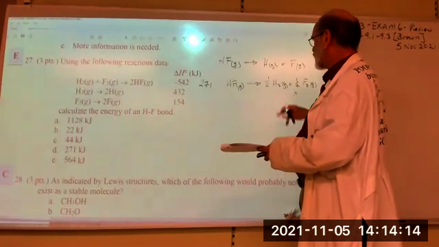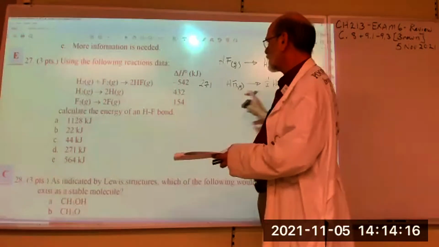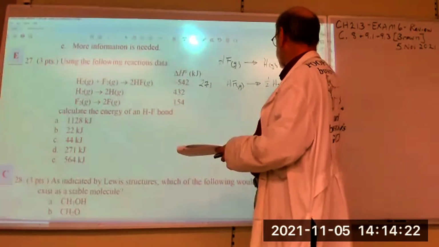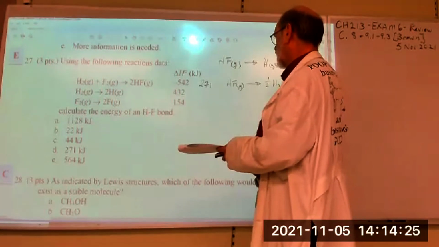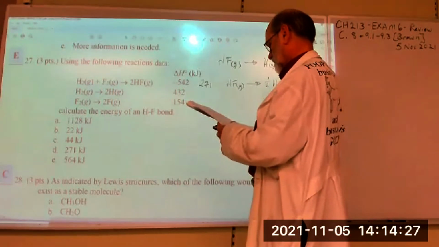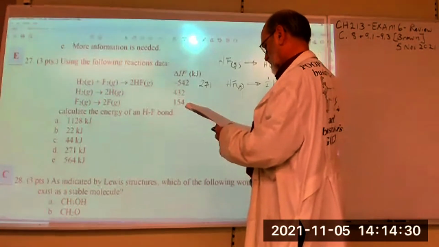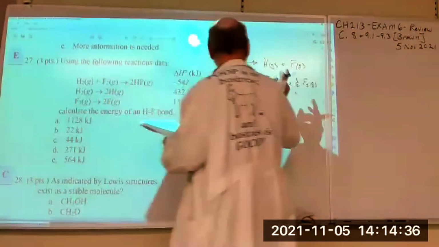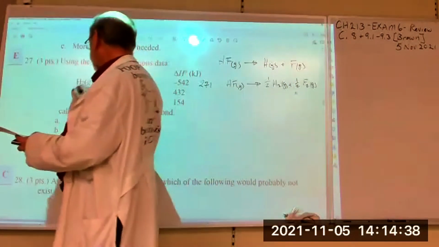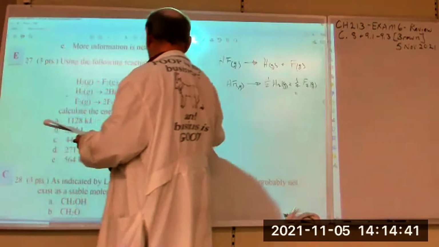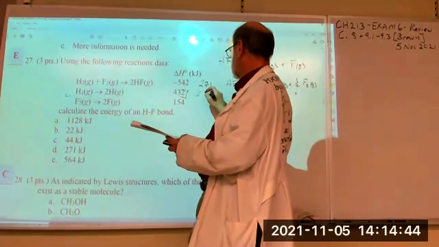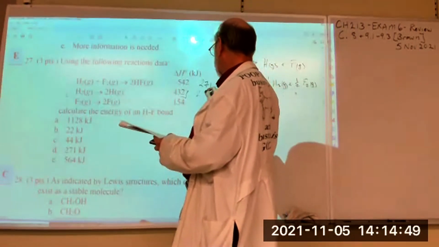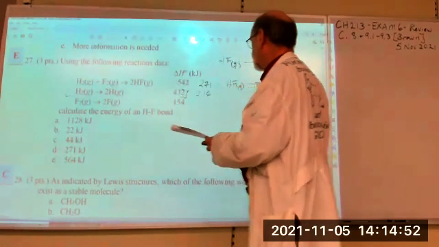Okay. Now I need to get rid of the H2s. So the H2s on that side, we'll put an H on this side. So 1/2 of this one puts 1 H over here. So I take a half of this one. And that yields 216.